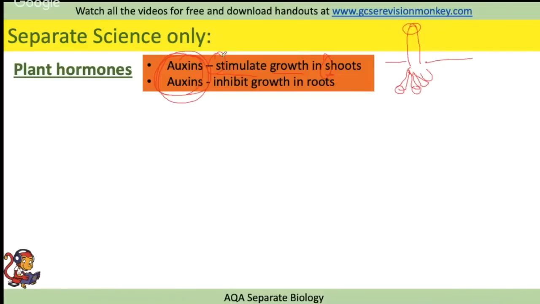Now, it does two different things. If it's in the shoot, it will stimulate growth, okay, up here, cause more growth. And in the roots, wherever the auxin is, it actually stops the growth. It inhibits it.